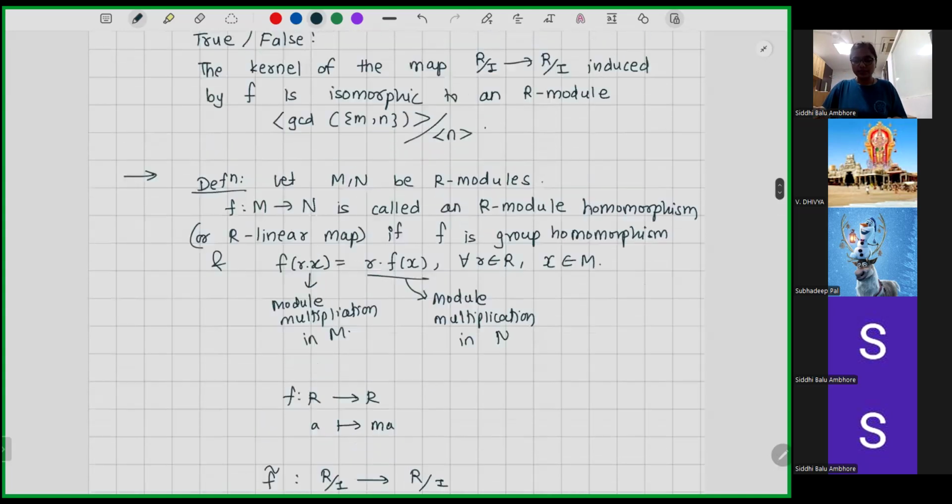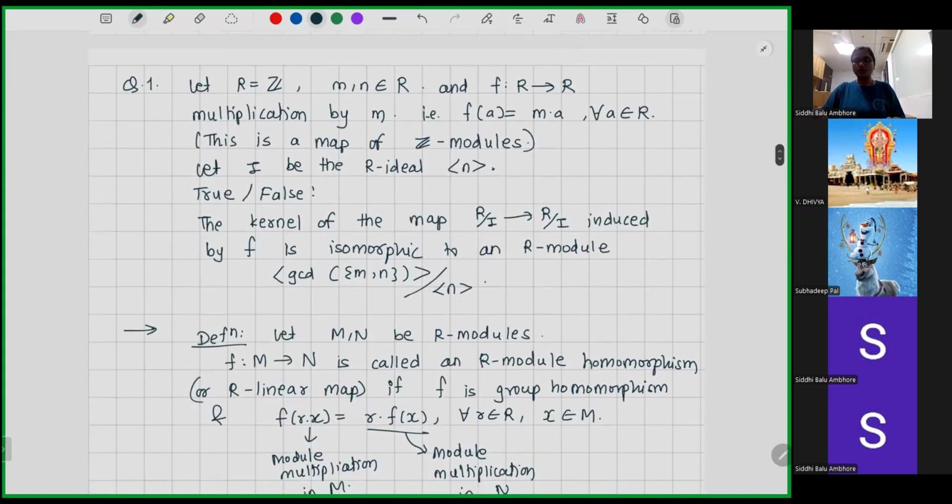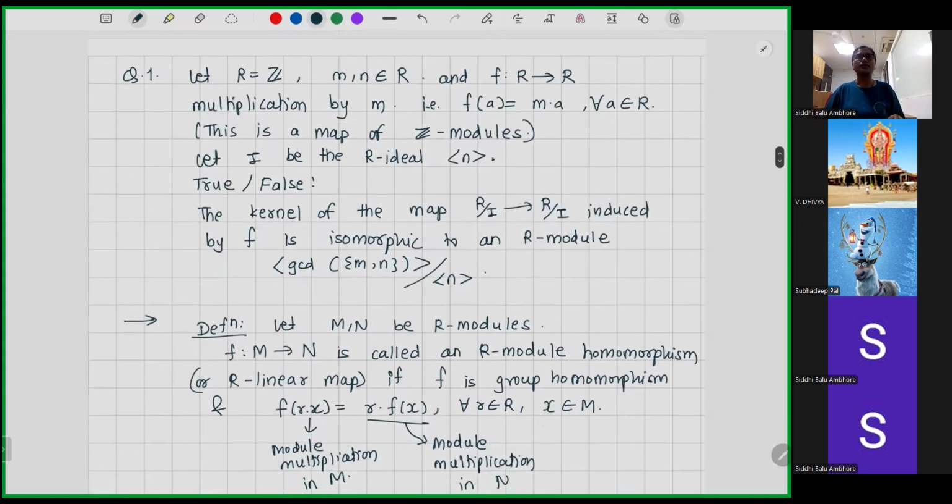Any guesses whether this is true, false, or what it is?